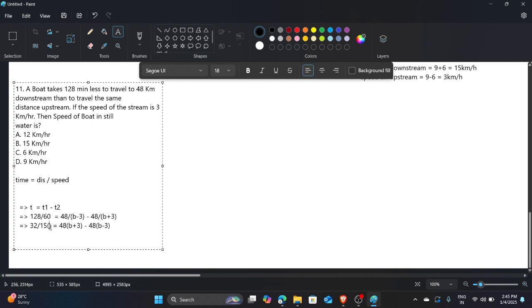So the a minus b into a plus b formula gives v square minus 9, since 3 square is 9. This is the solution. I tried to do this in pen and paper, so 32 by 15 into v square minus 9.